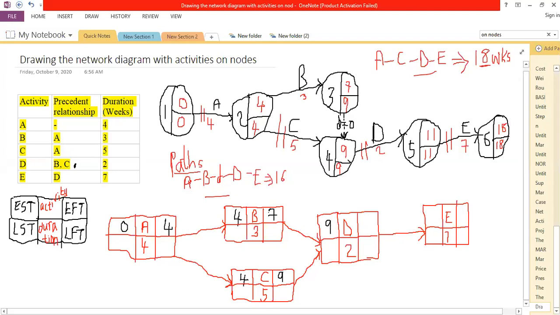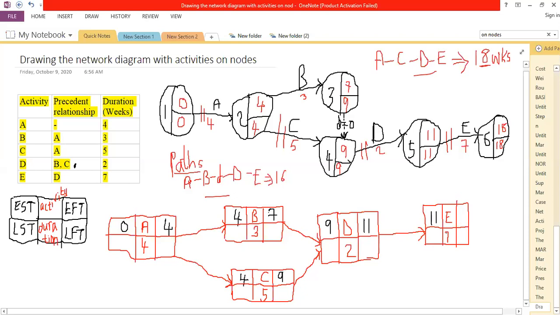Then D has earliest started at 9 weeks. It's going to take us 2 weeks. So this will end at 11 weeks. And then because E depends on D, of course, it has to wait for D to be completed. And the earliest that we have finished D is at 11, becoming the earliest that we can start our E.